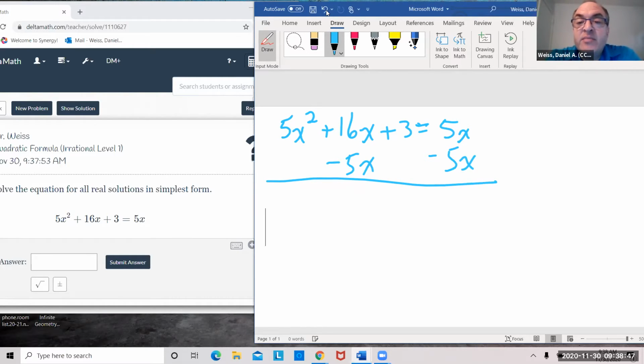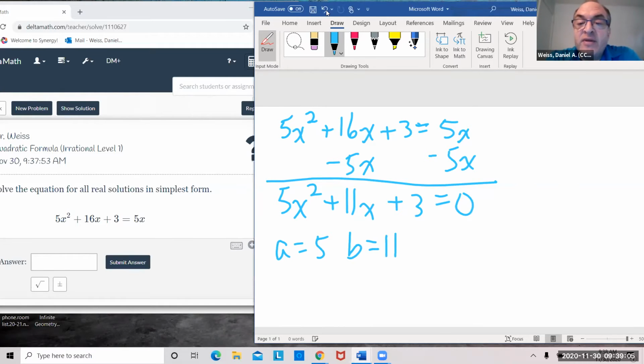Stop me at any time, Marston, if there's anything you don't understand. 5x squared plus 11x plus 3 equals 0. All right, now I have A equals 5, B equals 11, C equals 3.